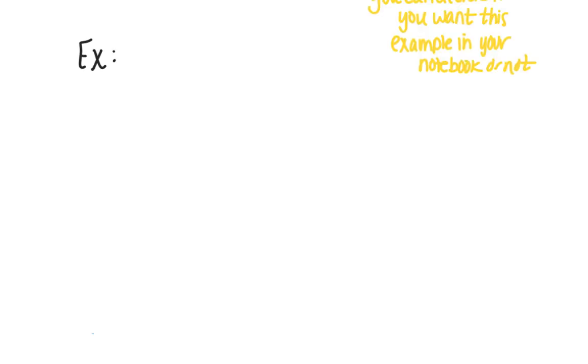Sometimes you'll see examples where you're going to have to factor more than once. You can find this one at the top of page 592, and it looks like this. We've got x to the 4th minus 256. All right, so what we want to do is write this in the form a squared minus b squared.